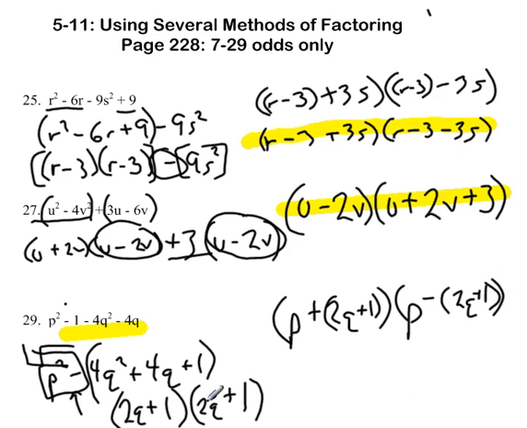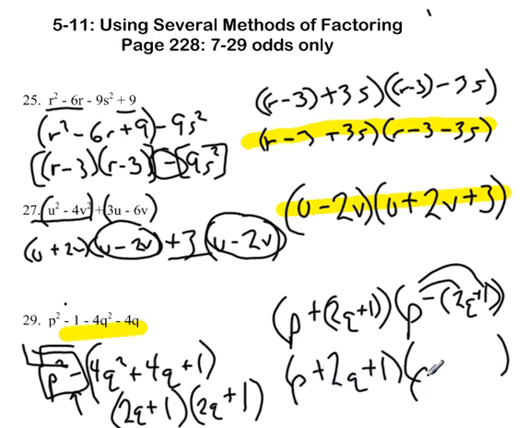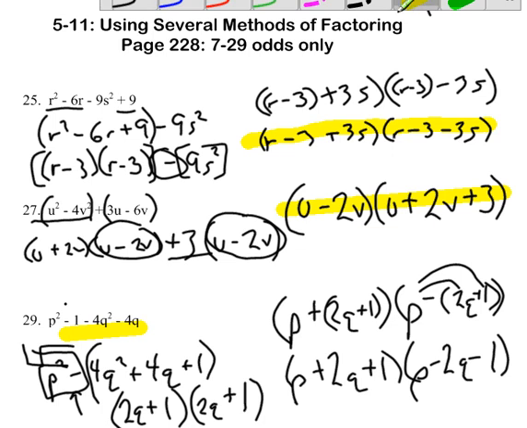And that's these two. I want to rewrite it without all of these parentheses. And here I have to distribute this negative to both of those terms. So that is p plus 2q plus 1, nothing changes. And this one will be p minus 2q minus 1. And that is your answer to the last one on that assignment.